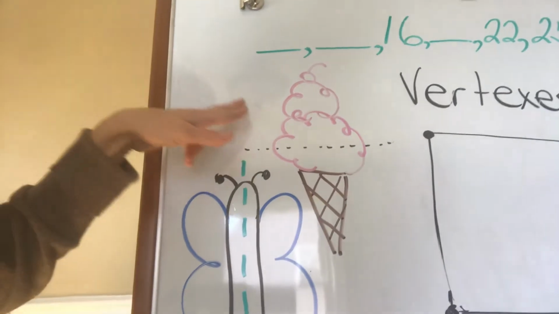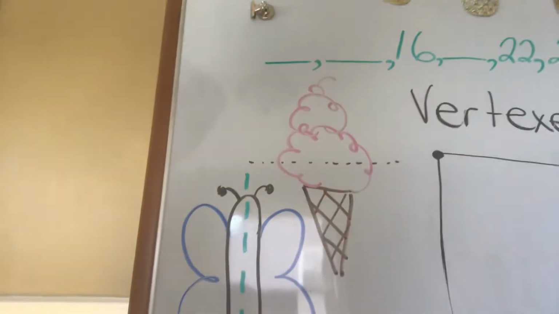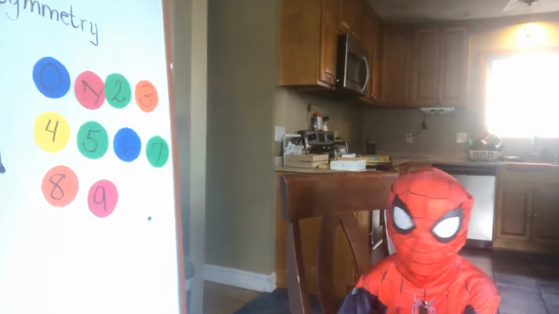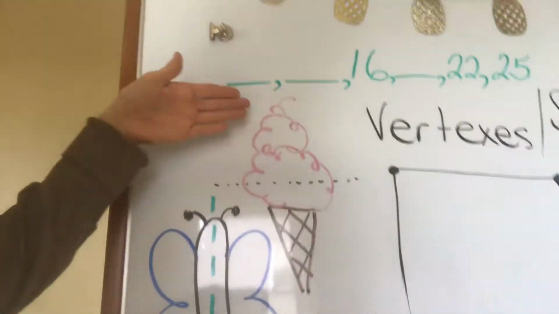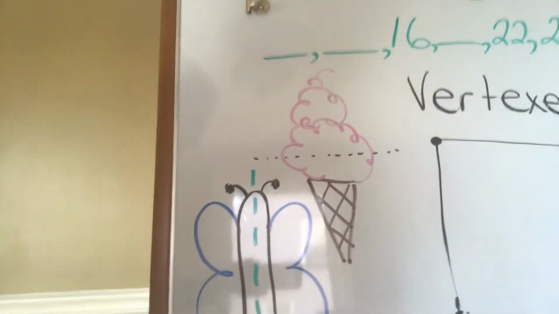Now if I divide this shape the way they have it, would that show perfect symmetry? Spidey, does that show perfect symmetry? Nope, it does not. Because if I folded it over, the top half would not be the same as the bottom half.